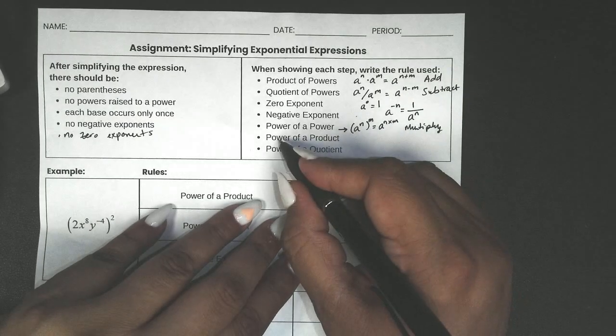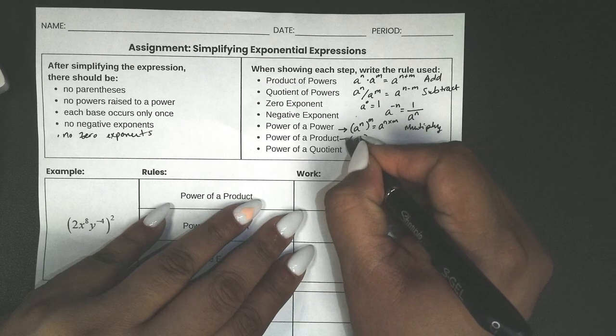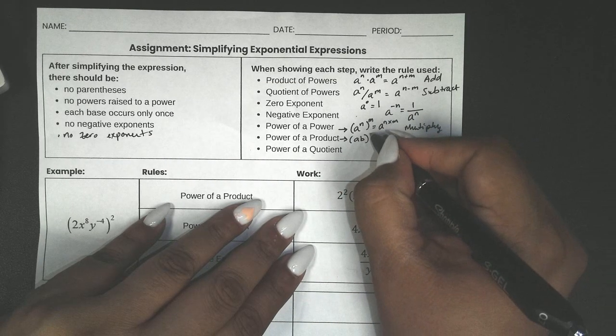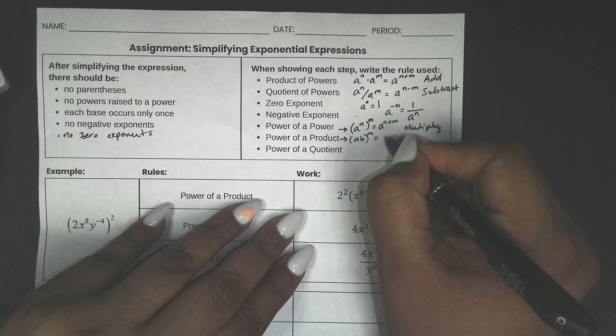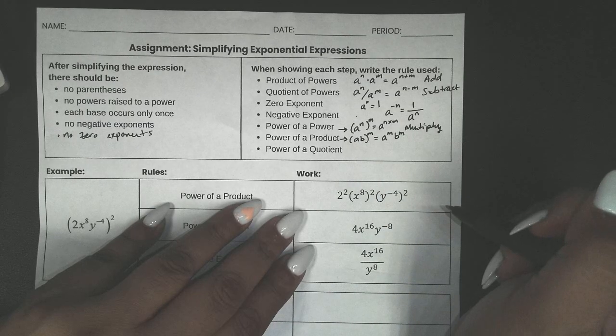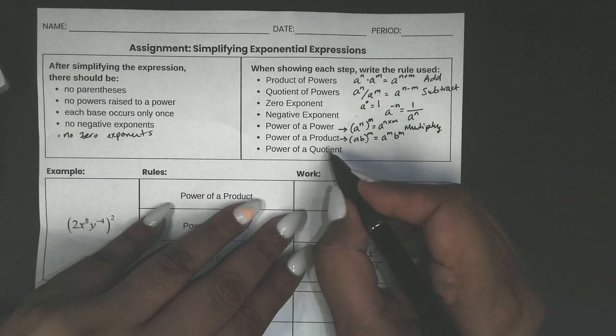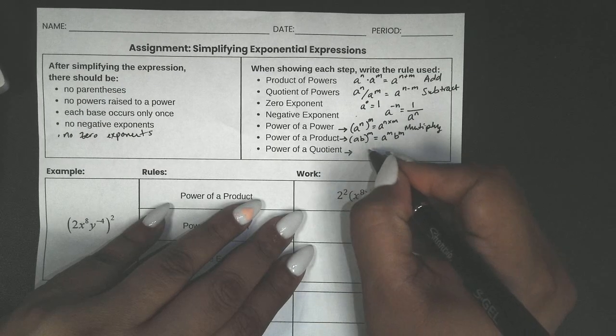And then power of a product. So that means if I'm multiplying two things together or multiple things together, but then I take it to a power of, let's say, m, that means that everything inside gets that m exponent. Same thing with power of a quotient, but quotient is division.